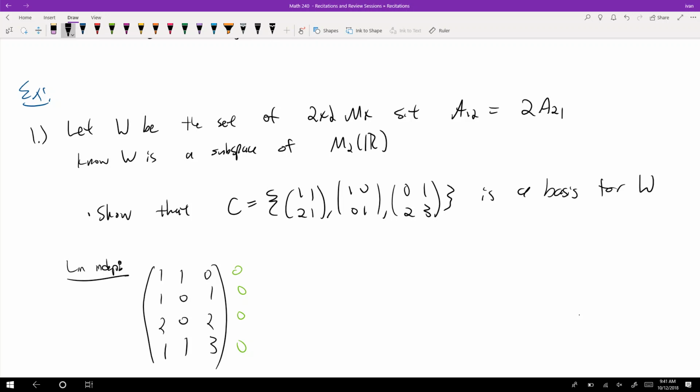I'm just writing it there to show. All right, so we'll row reduce 1, 1, 0. Let's just do 1, 0, 1. And then I'm going to zero out the third row, move it to the bottom, and then we'll move the fourth row up.